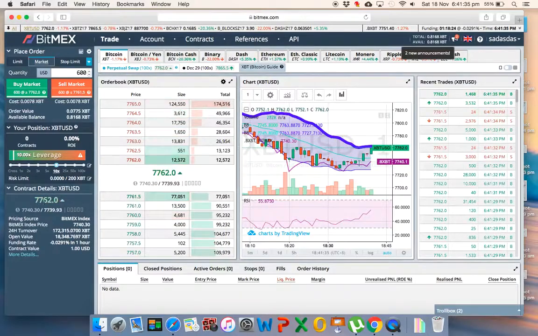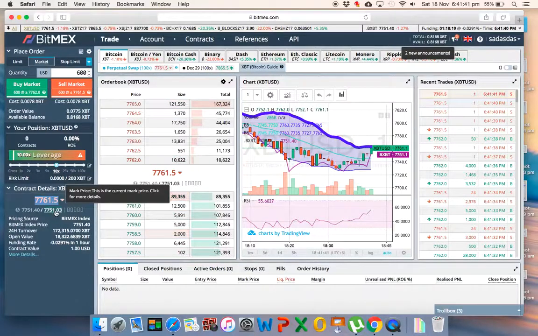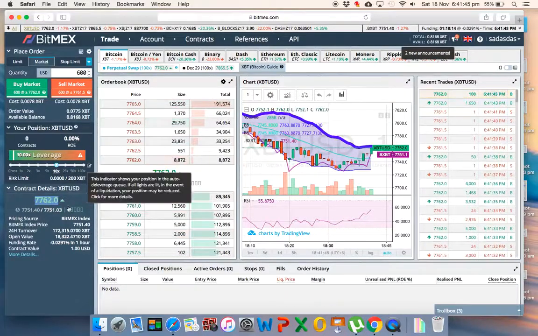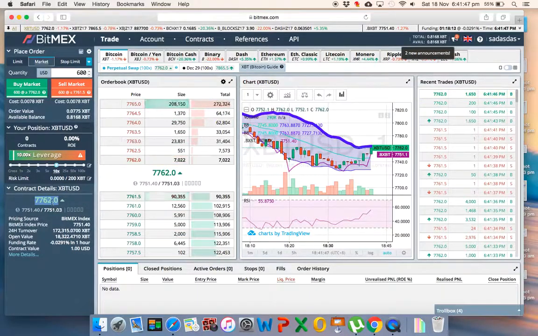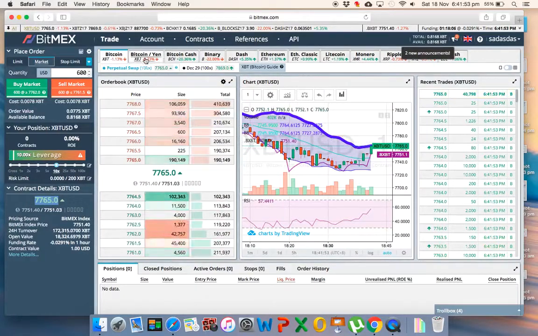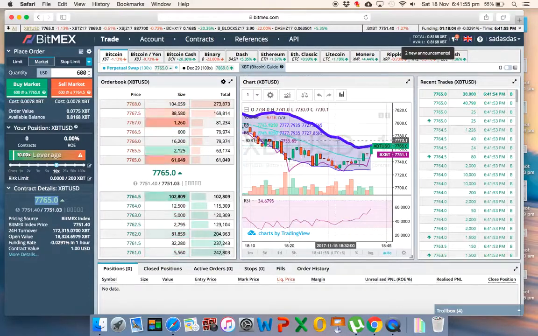The main reason why the values are different is simply because right now we are trading on the Bitcoin contract and not Bitcoin itself, but their prices are relatively similar. The Bitcoin price that we're currently trading at on this platform is known as XBT instead of BTC, but it kind of means the same thing.